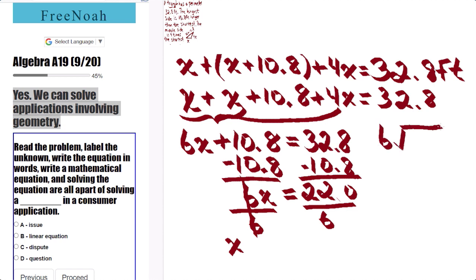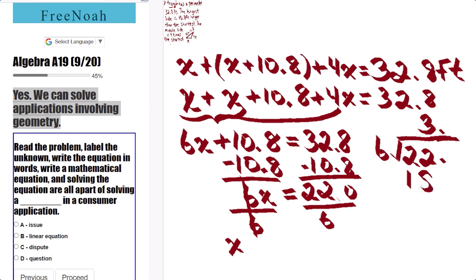How many times does 6 go into 22? It's going to eventually give us a repeated decimal here. So let's solve it out here. 6 goes into 22 at least 3 times. 3 times 6 is 18.